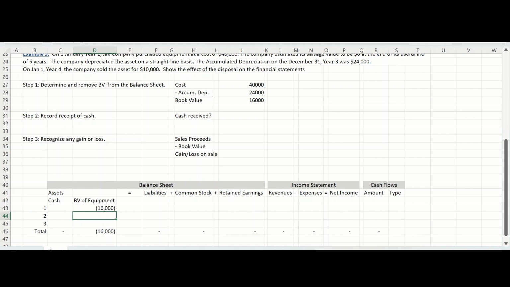So step 2 is to record the receipt of cash. How much cash did the company receive for the sale? The company received $10,000. Because this was cash received, we will put that under the statement of cash flows. And because it is related to the sale of a long-term asset, it is an investing activity.